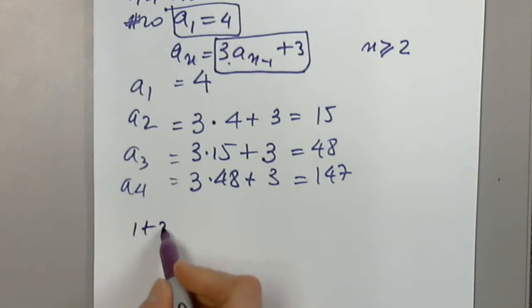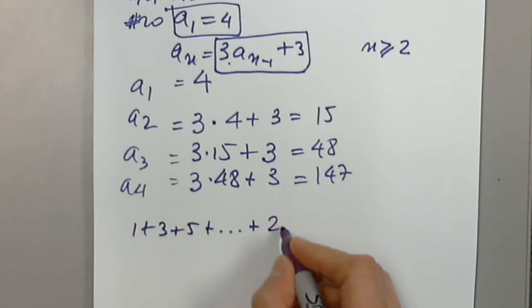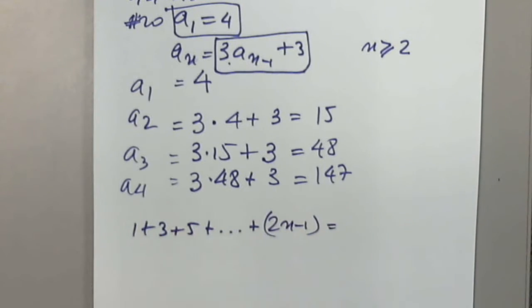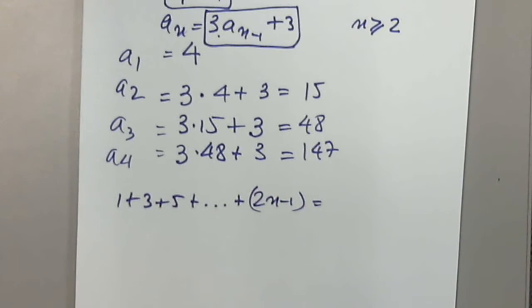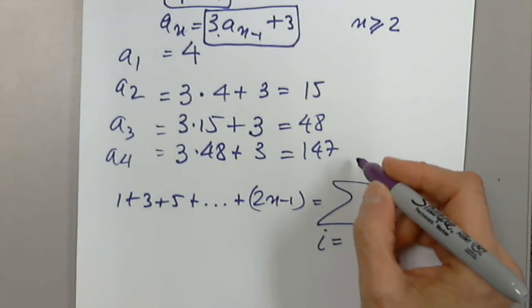So we have 1 plus 3 plus 5 plus dot, dot, dot, plus 2n minus 1. And we're asked to change it into, or condense it using the sigma or the summation notation. I have to have i equals something. I have to end with something.